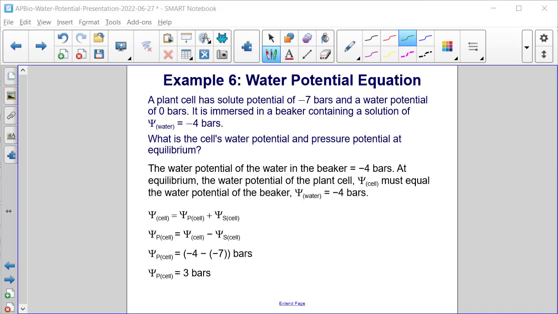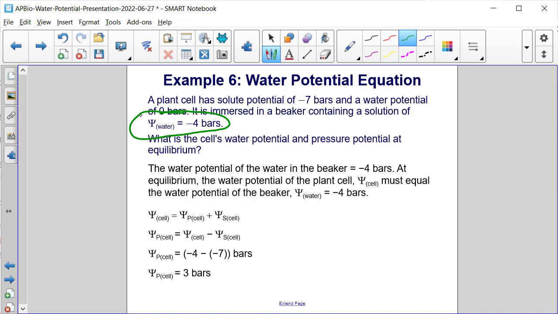So we know that the water potential of the water in the beaker is -4 bars. At equilibrium, the water potential of the plant cell must equal the water potential of the beaker, or -4 bars.